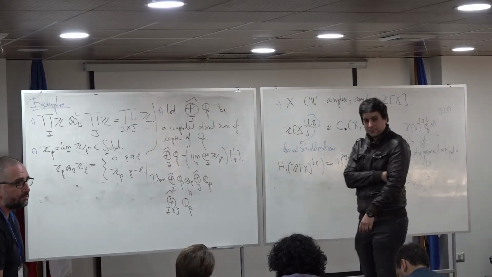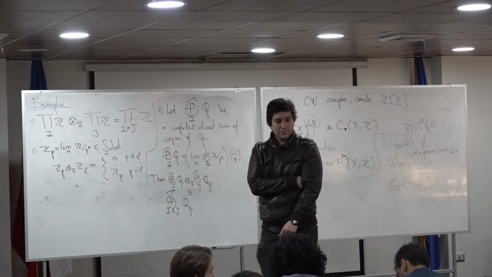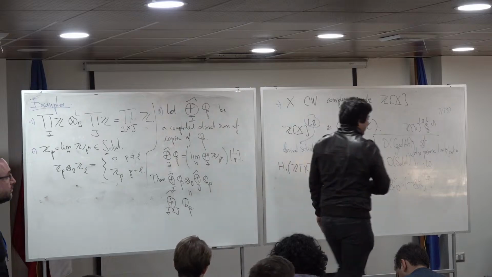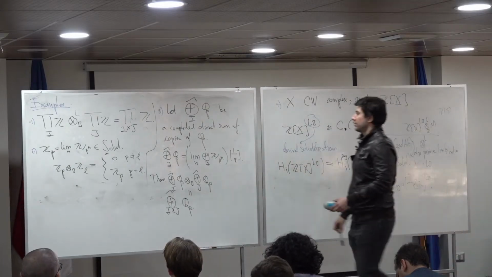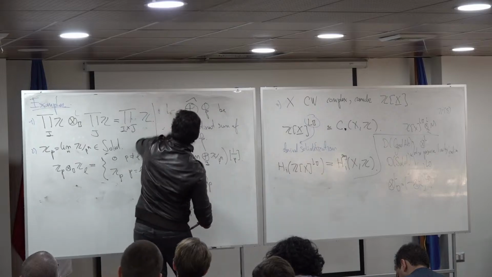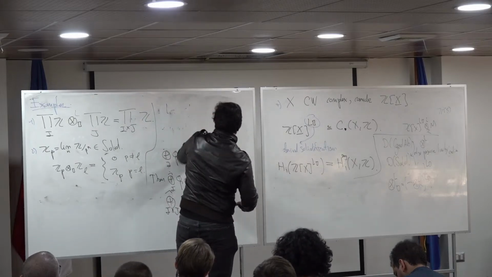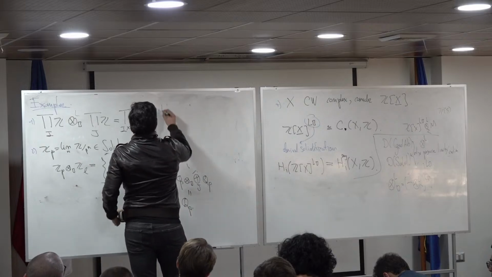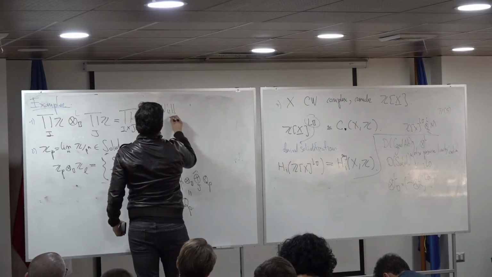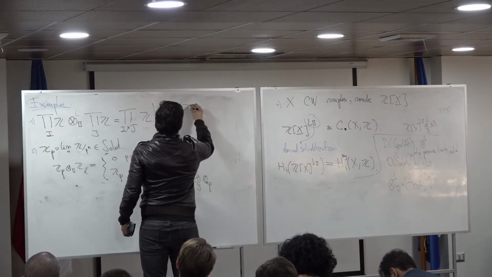Can you give an idea for a proof that the integers are solid? Sure. What you need to do is compute the space of null sequences of the integers.